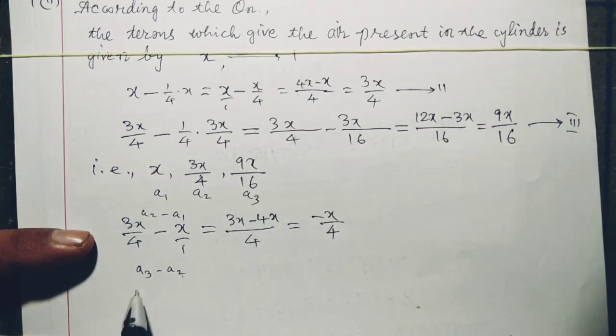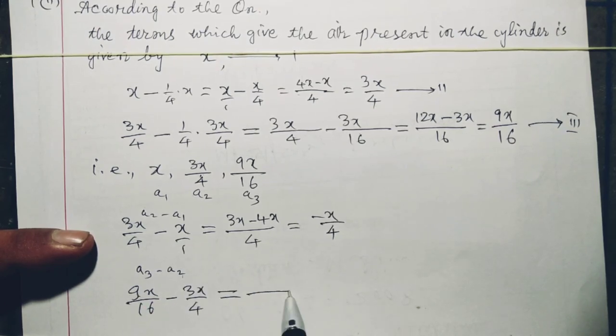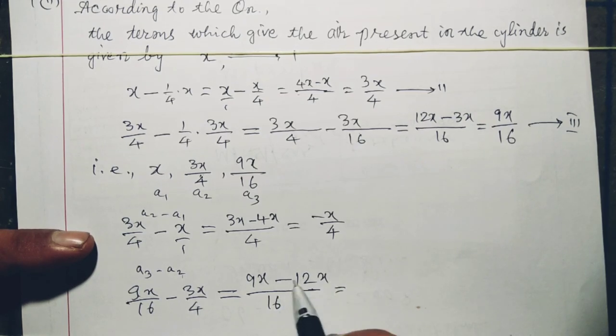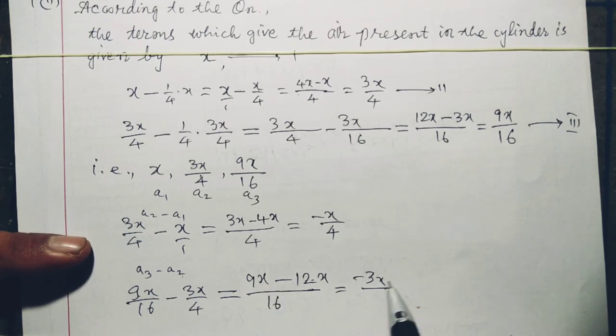This is A3, 9x by 16 minus 3x by 4 is equal to 16 LCM. 9x minus 12x is equal to minus 3x by 16.